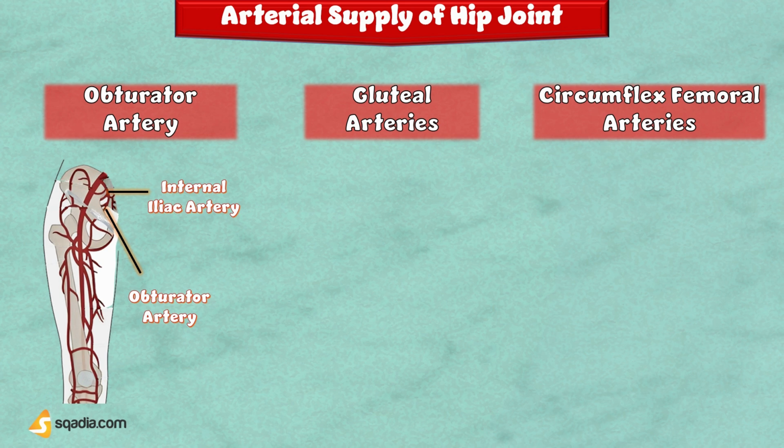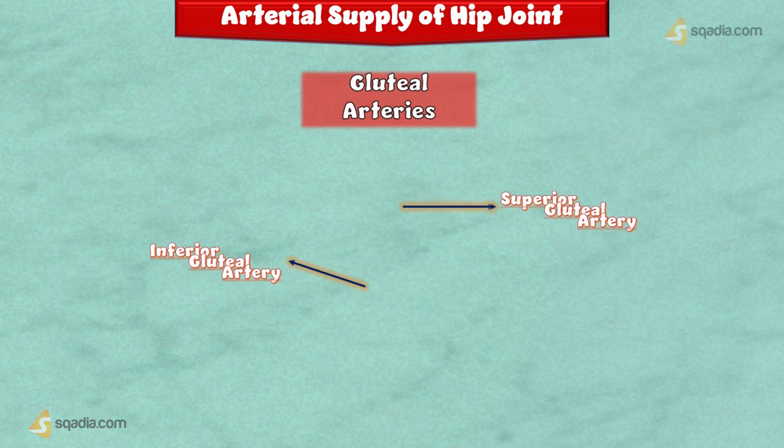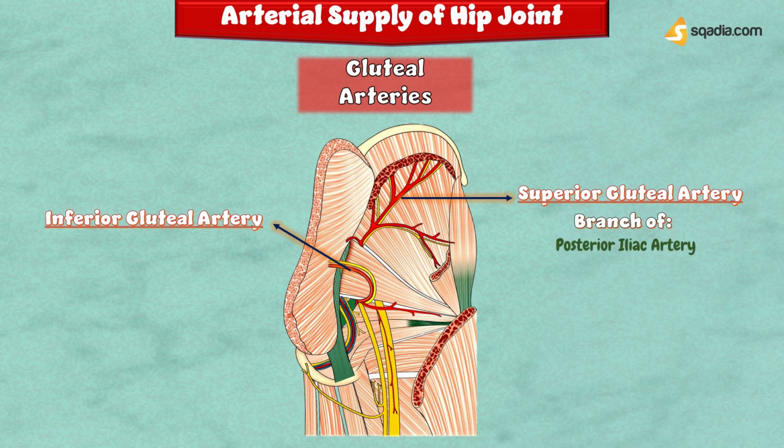The gluteal arteries, to be precise the superior and inferior gluteal arteries, are two important blood vessels that supply the muscles and tissues of the gluteal region, which includes the buttocks, as well as the hip joint. The superior gluteal artery arises from the posterior iliac artery.